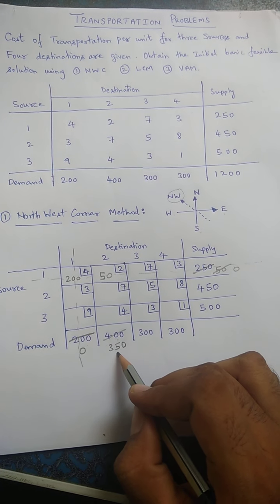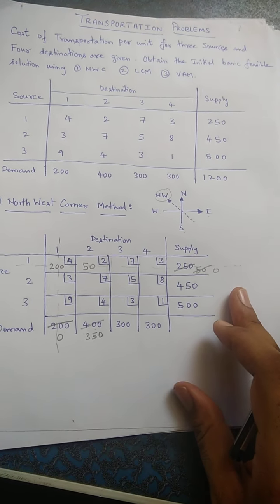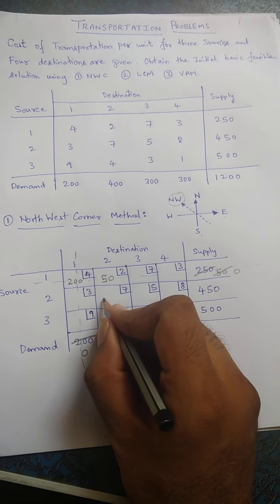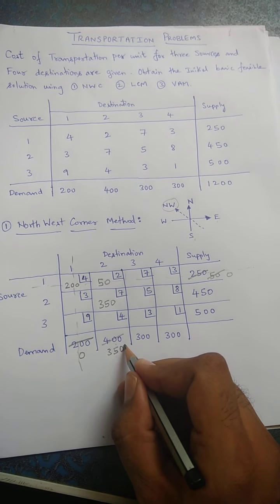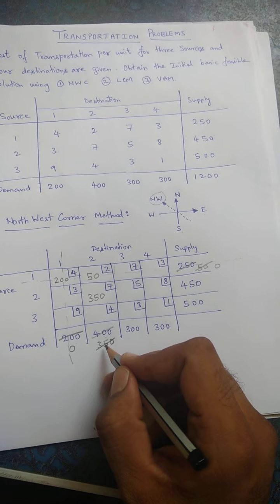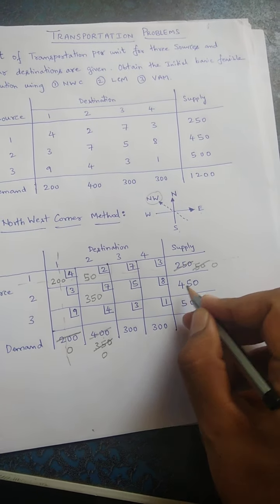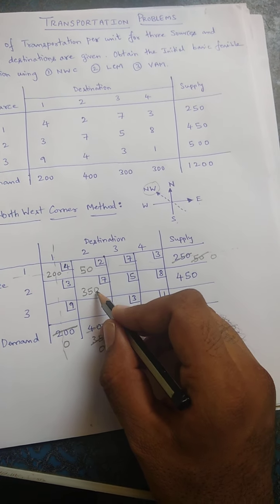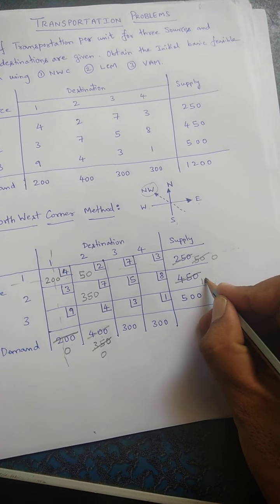Now observe, among the demand 350 and supply 450, the minimum is 350. So I will allocate 350 here. By doing so, the second destination's 350 pending units are completely satisfied, so this became 0. And source 2 had 450, from which it supplied 350 units to the second destination, so only 100 units are left.